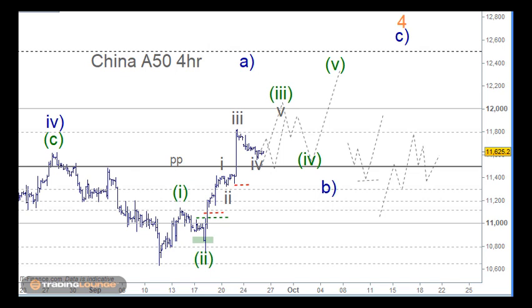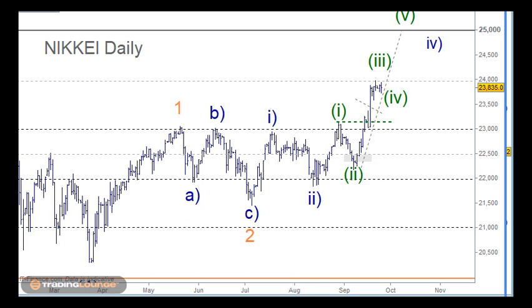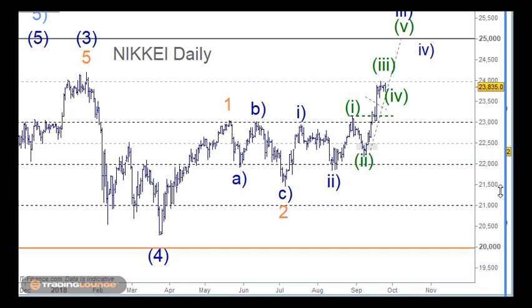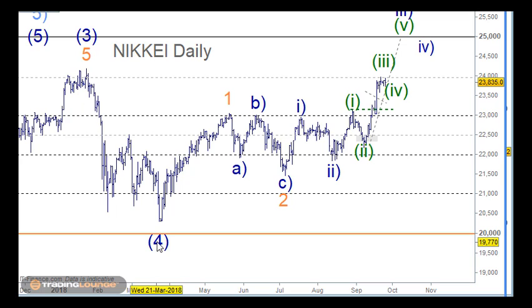Okay, moving over to Japan. On the daily chart here for the Nikkei, we're looking at this wave 4 here. So we're looking at a bullish move in here.